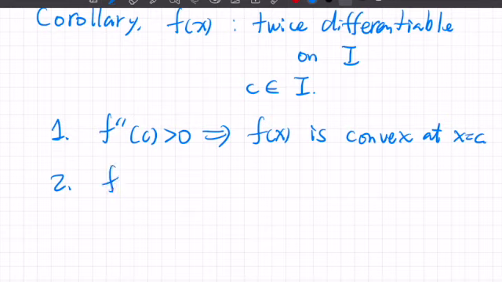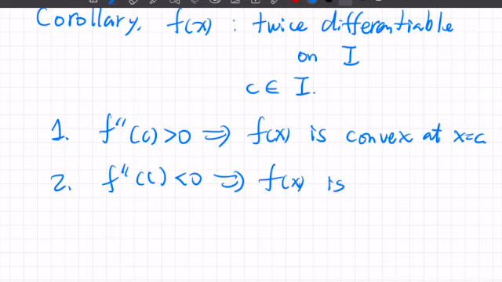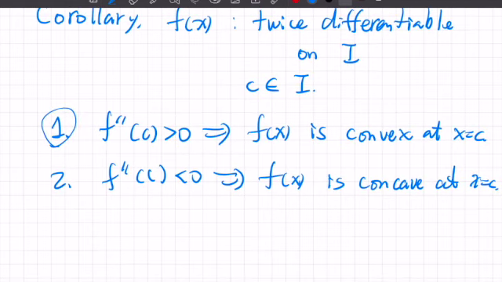And if f double prime of c is negative, then f of x is concave at x equal to c.